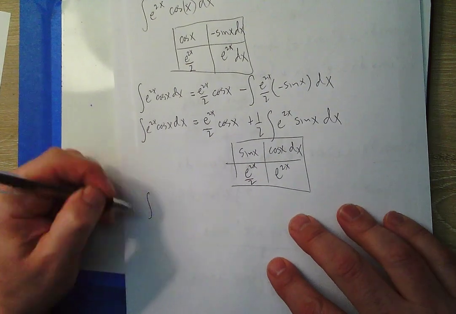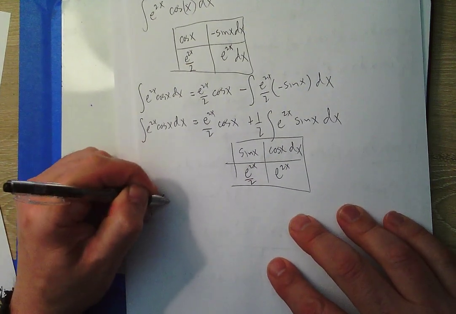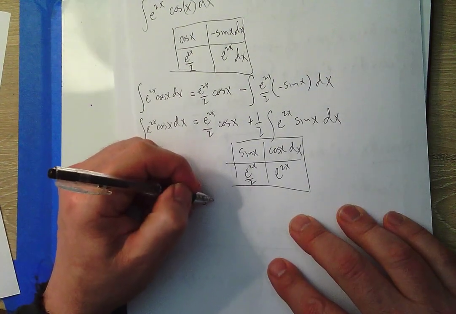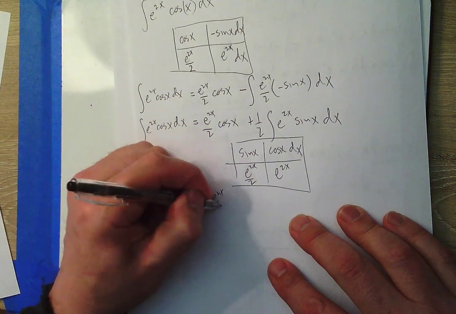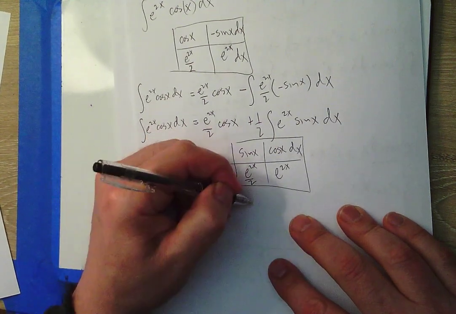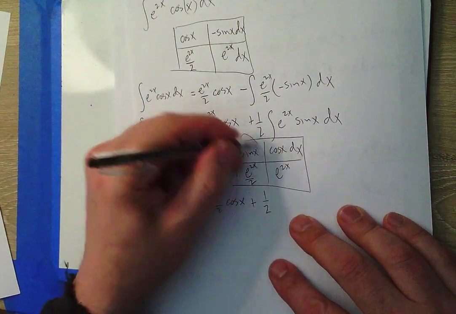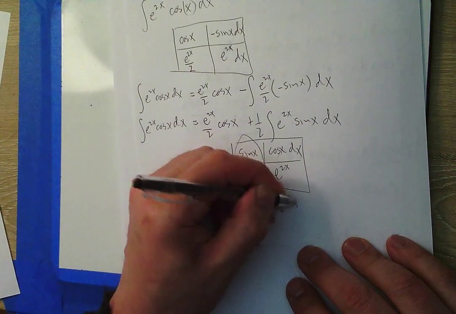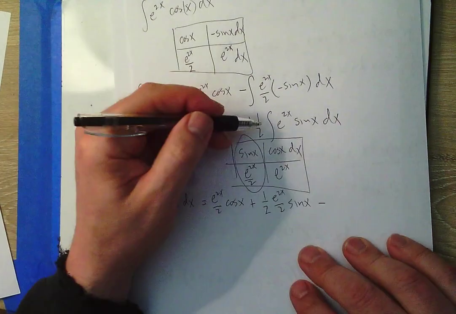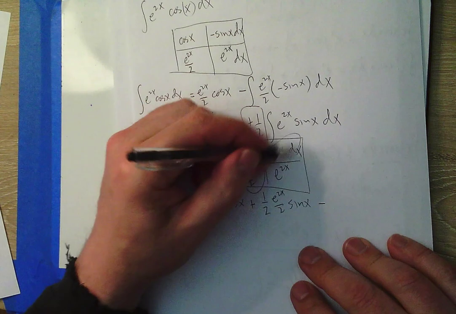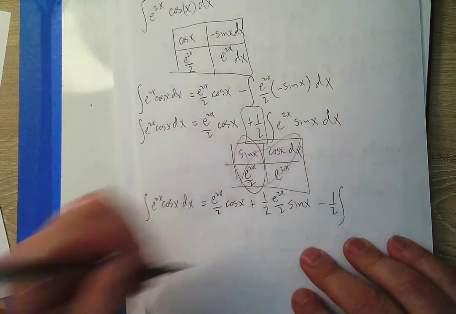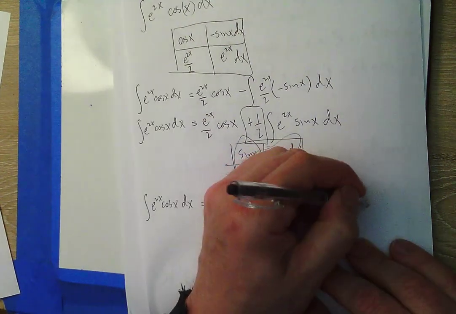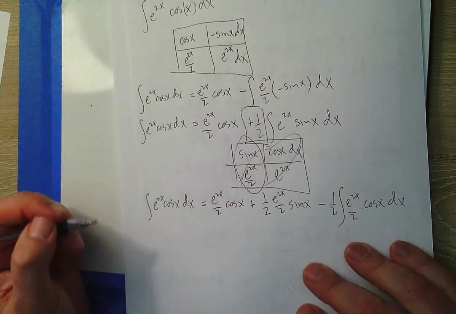So now my integral will be e to the 2x cosine x dx equals e to the 2x over 2 cosine x plus 1/2 times this, e to the 2x over 2 sine x, minus, don't forget that 1/2 now has to go here as well, minus 1/2 the integral of e to the 2x over 2 times cosine x dx.